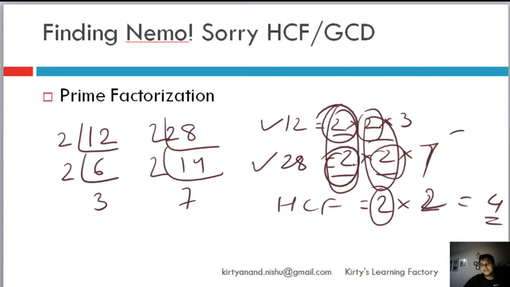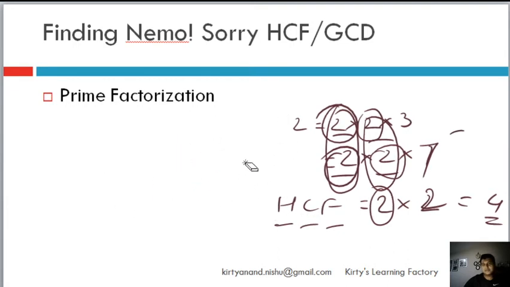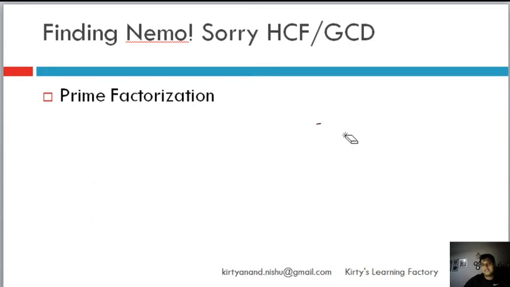Therefore 2 will not be the HCF, because we are trying to figure out the highest common factor. Which is that biggest number that completely divides both the numbers? You have to think of it like this: if I had to take a big divisor, what was the highest divisor that I could have used to divide both the numbers?